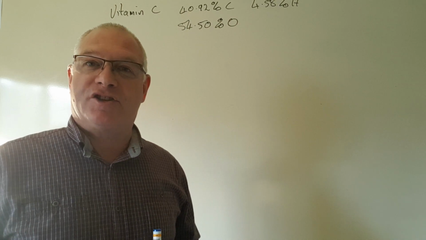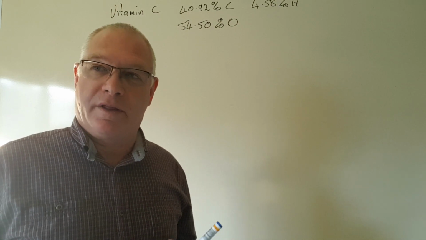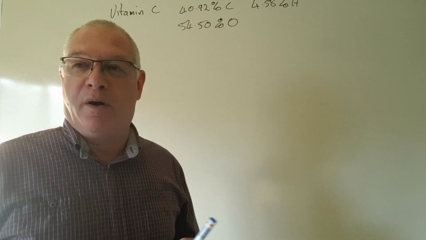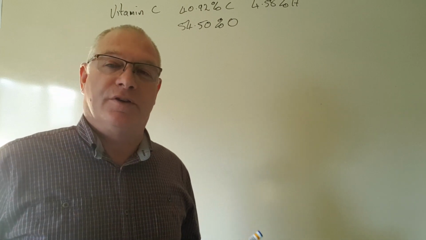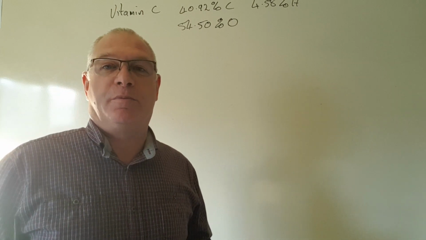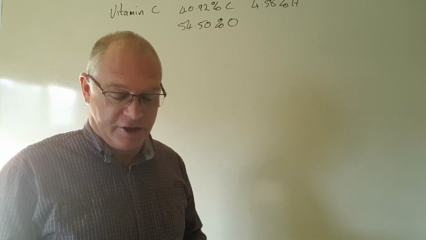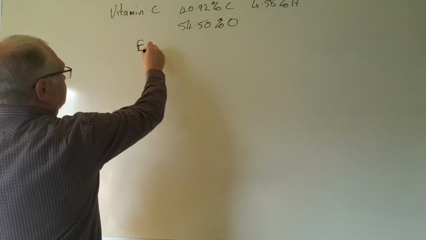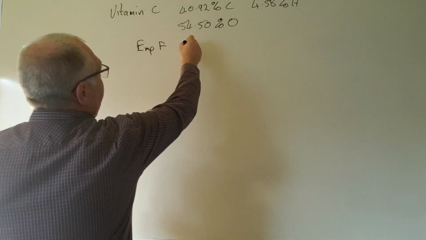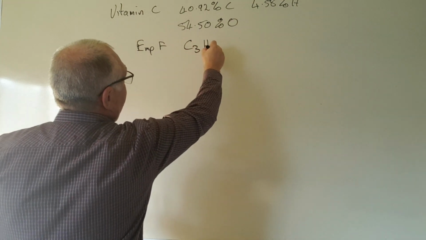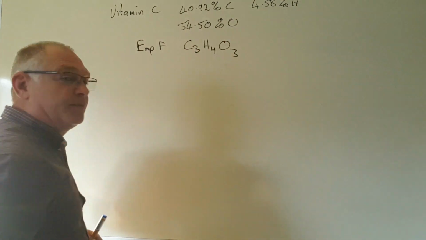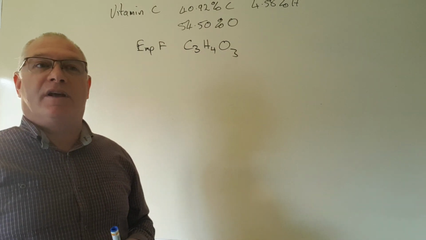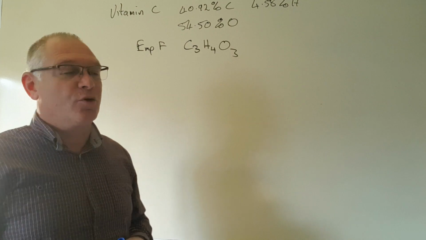If we end up with a fraction, such as a half or a third, then we need to multiply all of the ratio by a factor of 2 or 3 to get rid of the fraction so that we've got a whole number ratio. And so we ended up with the empirical formula for vitamin C of C3H4O3.